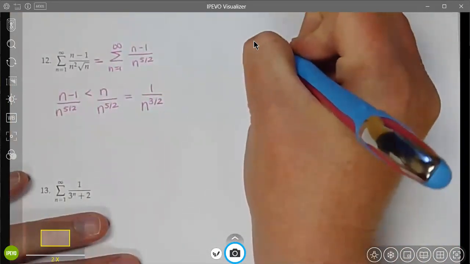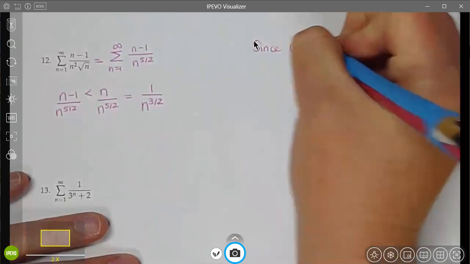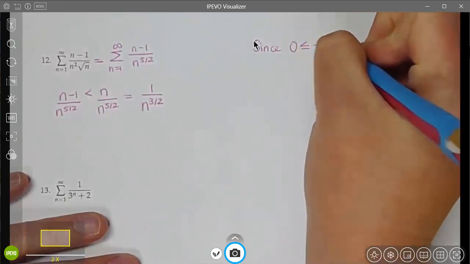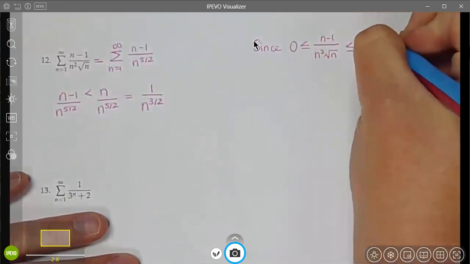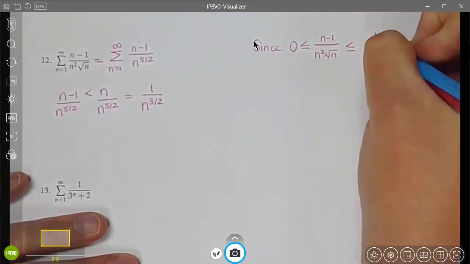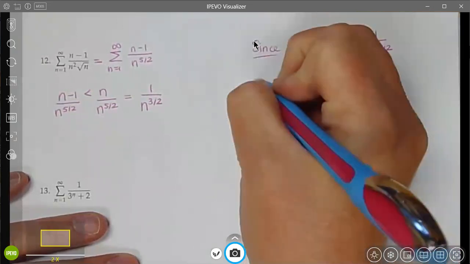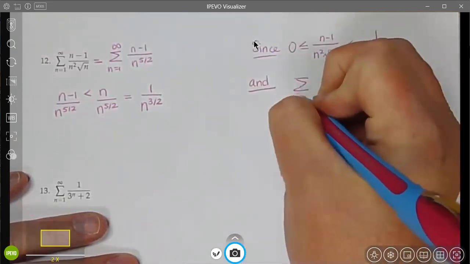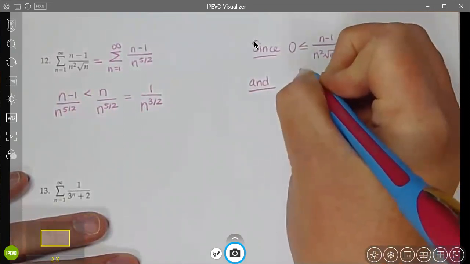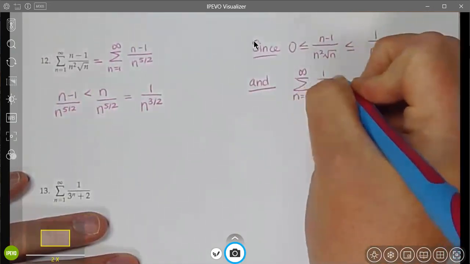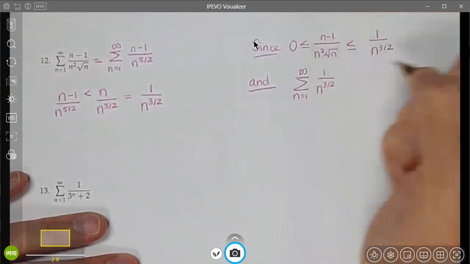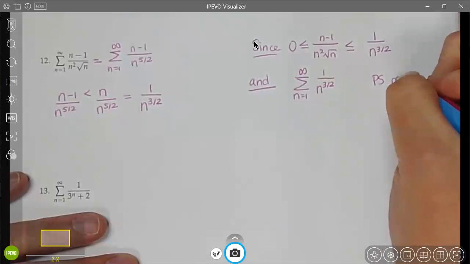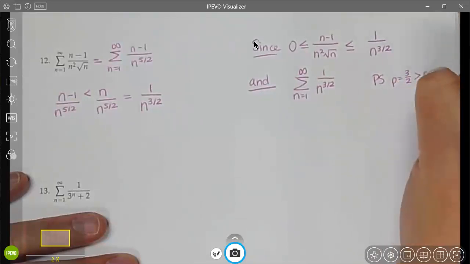Since 0 is less than or equal to n minus 1 over n squared root n, which is less than or equal to 1 over n to the 3 halves, and the series, the sum, n equals 1 to infinity of 1 over n to the 3 halves. So I have a p series, and my p is 3 halves, which is bigger than 1.